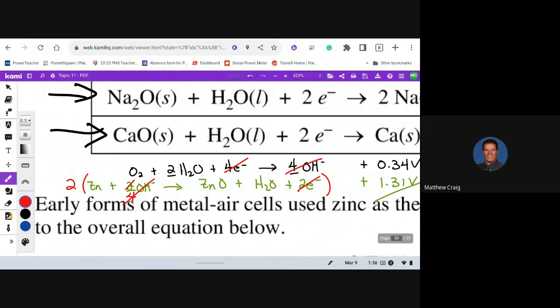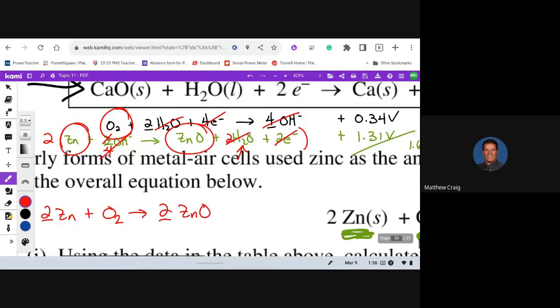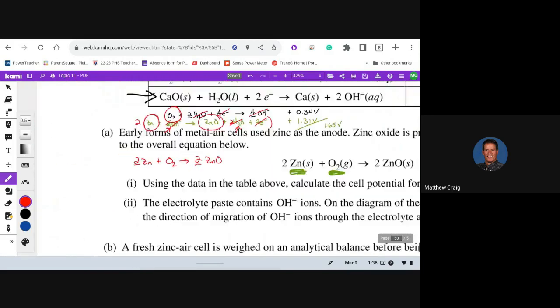And then how many waters do I have here? 2, they go away. So what remains? Oxygen, zinc, and zinc oxide, but 2 of those, so 2 zinc. So if you're not 100% sure, double check and say, hey, does that even balance out to get us to where we were at? So yeah, we like that.